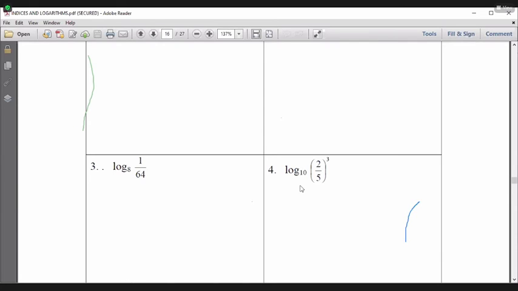Explain number 3. You want to explain number 3? Yes. Number 3, can you give us the explanation? Duncan Oguchi. Yes. Can you explain to us? Duncan?